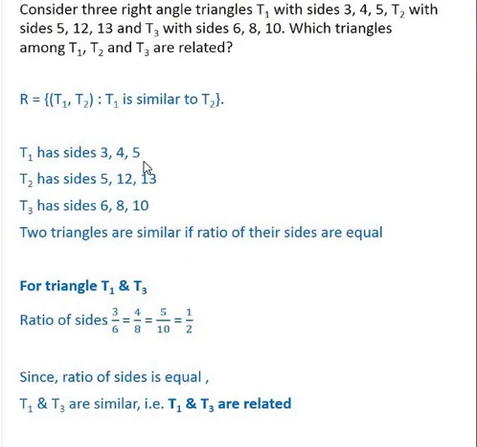We can get infinitely many triangles similar to this triangle 3, 4, 5 by multiplying with any real number, such as 2, 3, 4 or anything. Here the ratio of sides 3 upon 6 equals 4 upon 8 equals 5 upon 10 equals 1 upon 2. Since the ratio of sides is equal, T1 and T3 are similar. Can you say that T1 and T2 are similar? No. What about T2 and T3? No, they are not similar, because the ratio is going to be different.